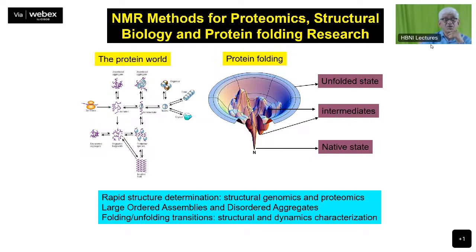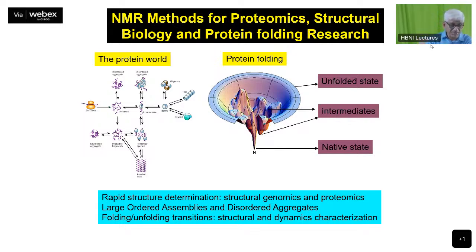How do we understand biological functions? Using structures. Therefore, structure determination is a prerequisite. And protein folding is, at the fundamental level, how proteins are formed and what their structures are, how they achieve their particular structures after they are synthesized inside the cell. That constitutes the so-called protein folding area.